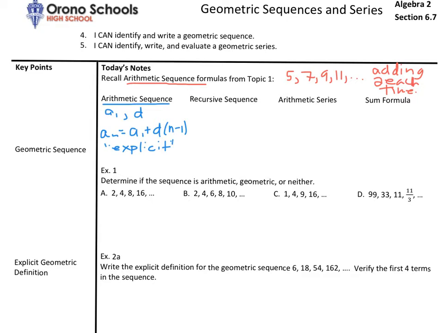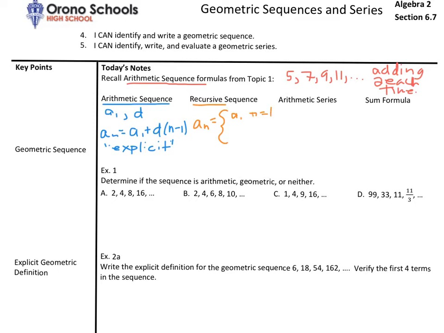Another way to write an arithmetic formula is called a recursive sequence. This is where we had to split it up into two parts. We wrote it out as a sub n equals, and then we did that bracket on the left-hand side. A sub 1 was always the first number, and that was when n equaled 1.